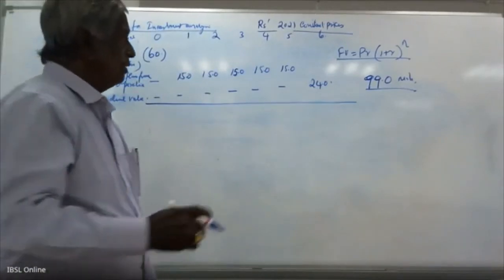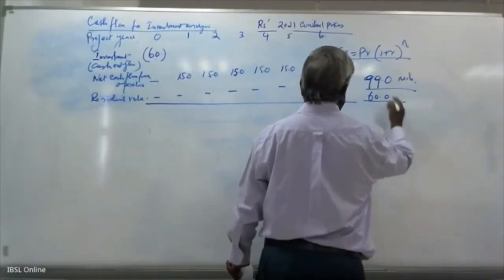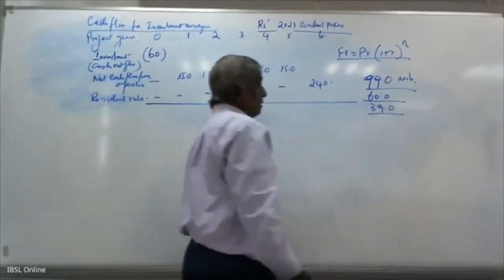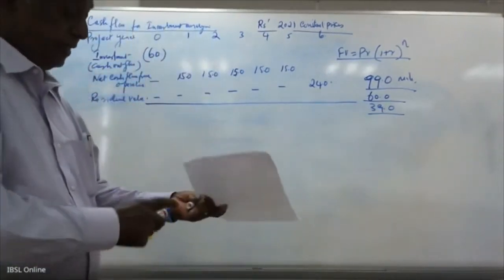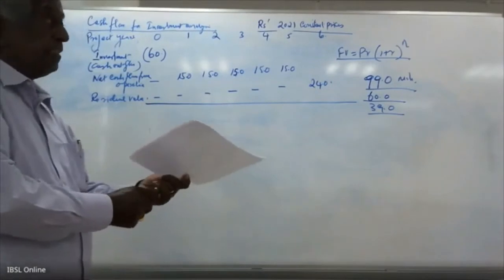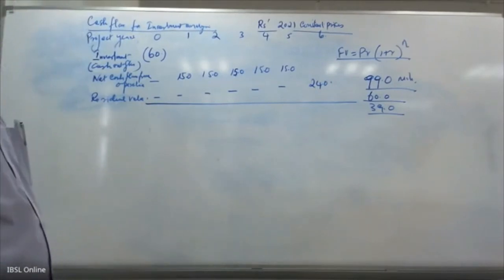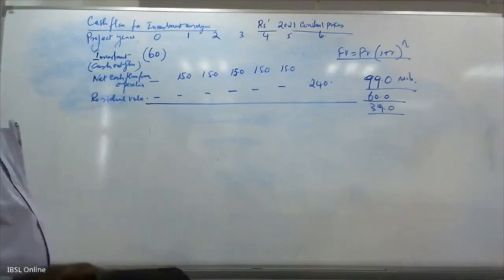When you are investing 60 million and getting 99 million, that is 39 million up. You may think it is a good project, it is worthy to invest. But we will see whether it is worthy or not. We are going to do it.